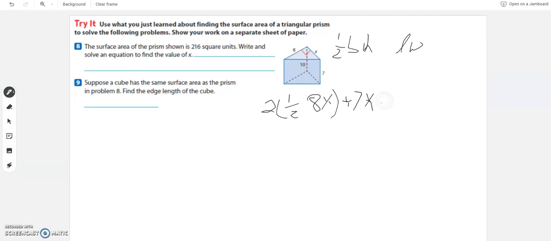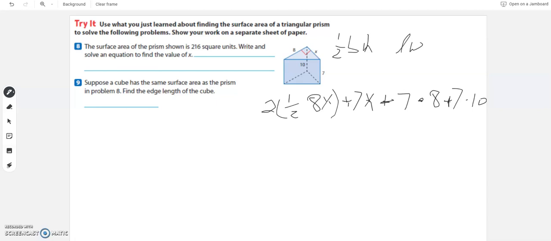So I'm going to add 7 times 8. Finally, I'm going to add this front side that's facing us. Height is 7, and the length, one side's 7, one side's 10. So 7 times 10.